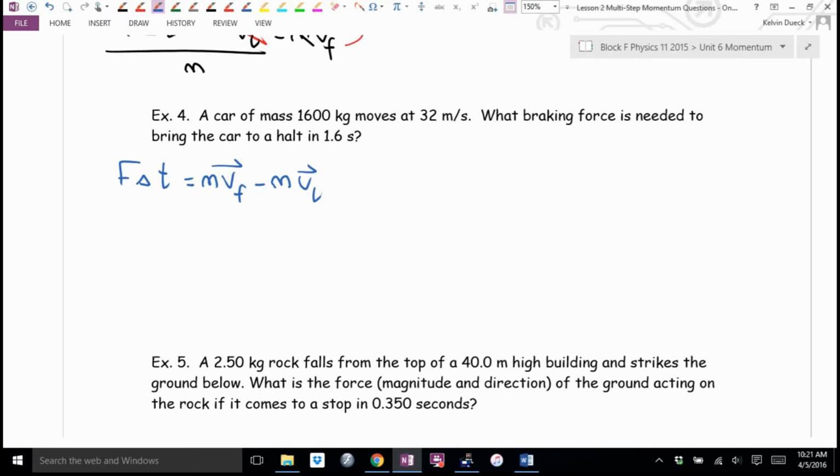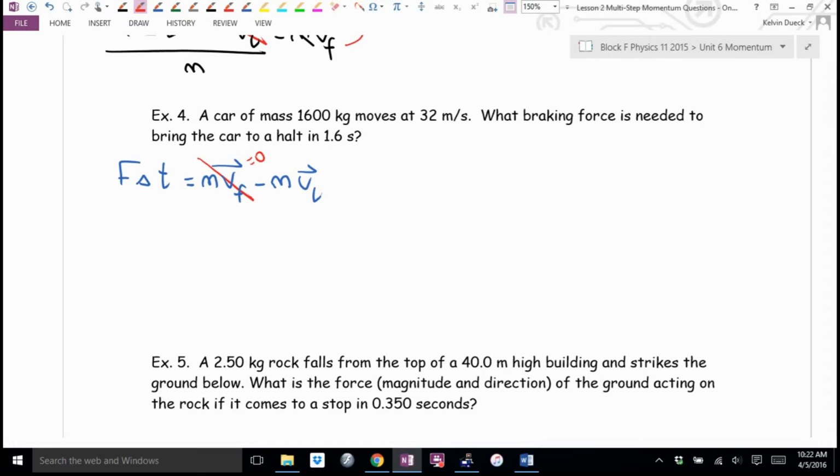Is that okay? Are any of these 0? Which one, VI or VF? I'll give you a hint. You're half right. One of them's right. VF, we're coming to a stop, so I can go. Is that okay? What's this question asking me to find? The force.